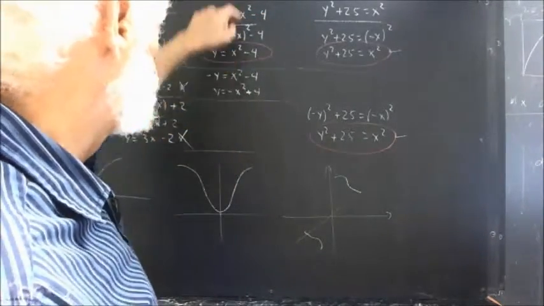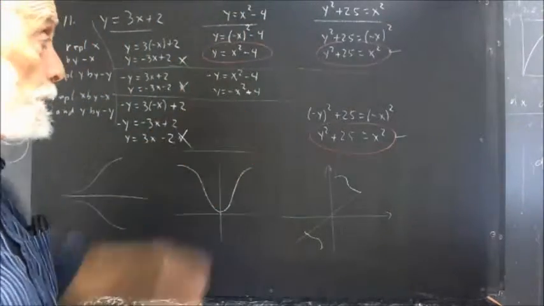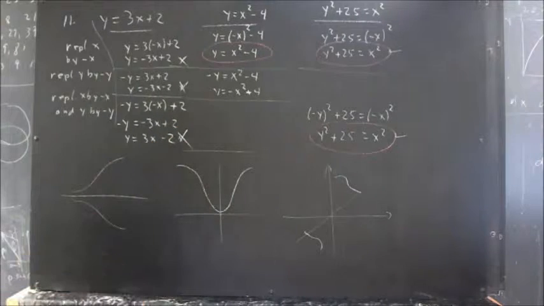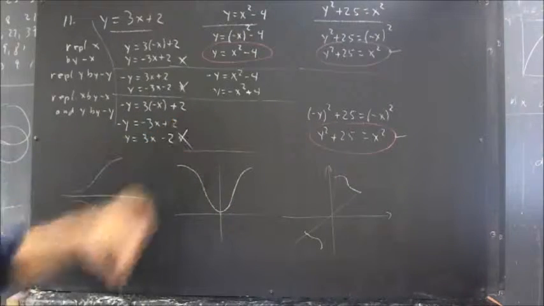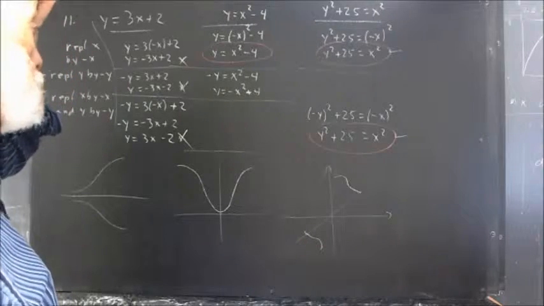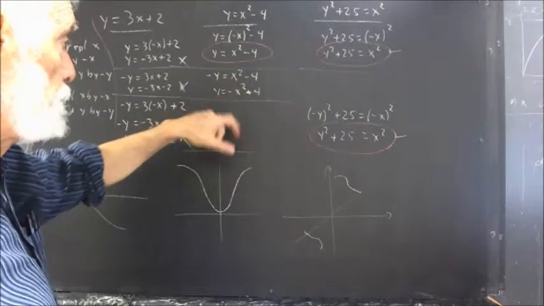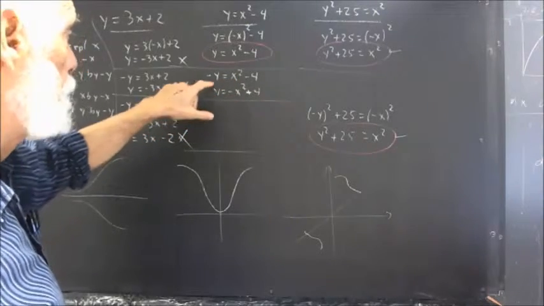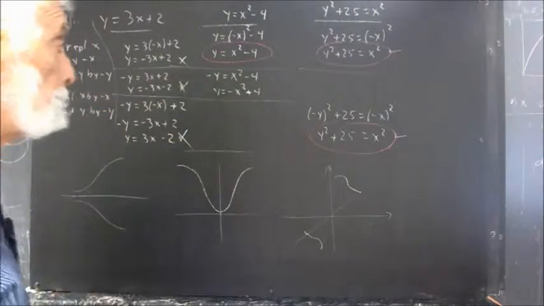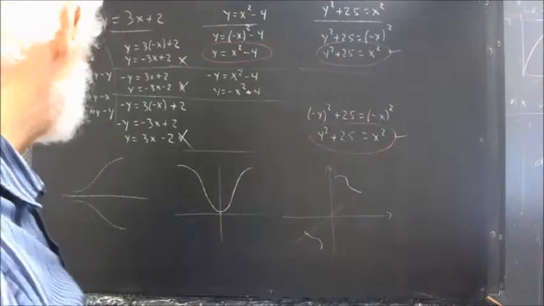The negative x squared and the x squared would also cause one to open upward and another to open downward, but we haven't gotten to that point yet. I didn't do the one where we replaced both, and you might want to do that. You're going to get the same result we got when we just replaced y by negative y. So check yourself on that if you like.